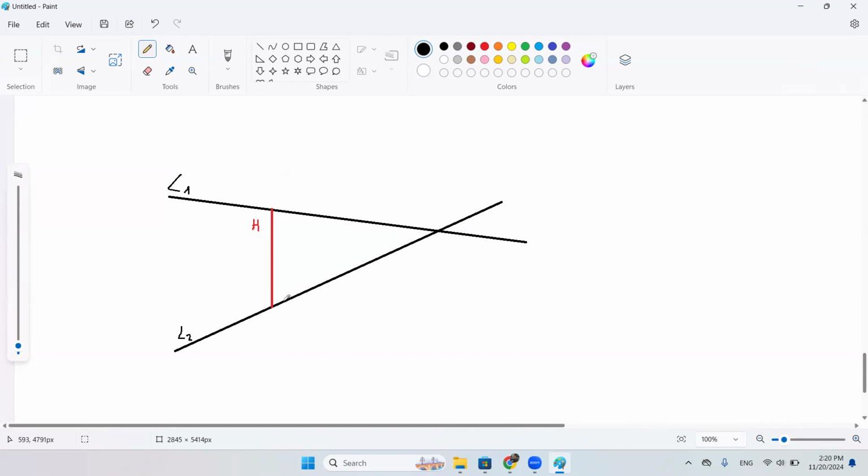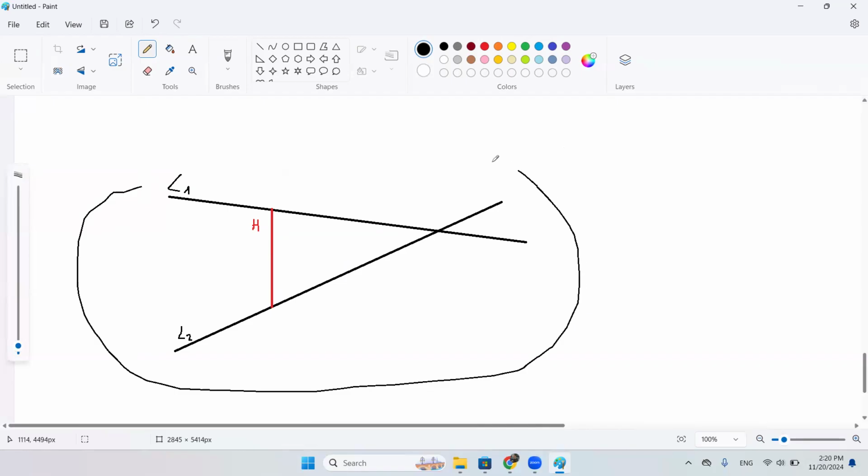Any ideas how to find it? Well, that's basically not so obvious. So first of all, how to solve? We need to draw more items here, and then I will explain the idea.